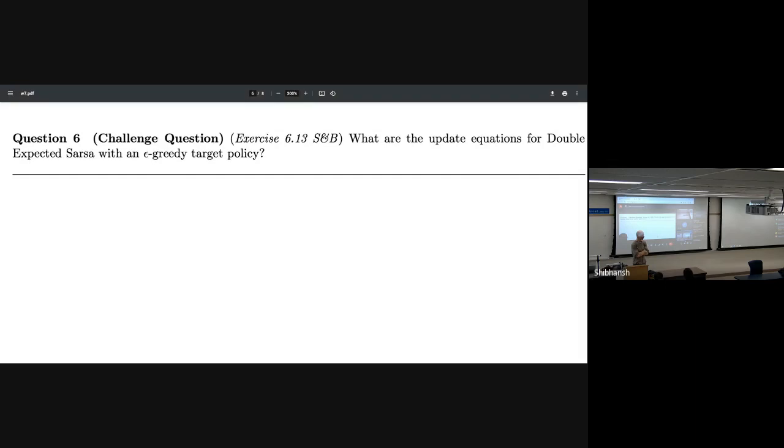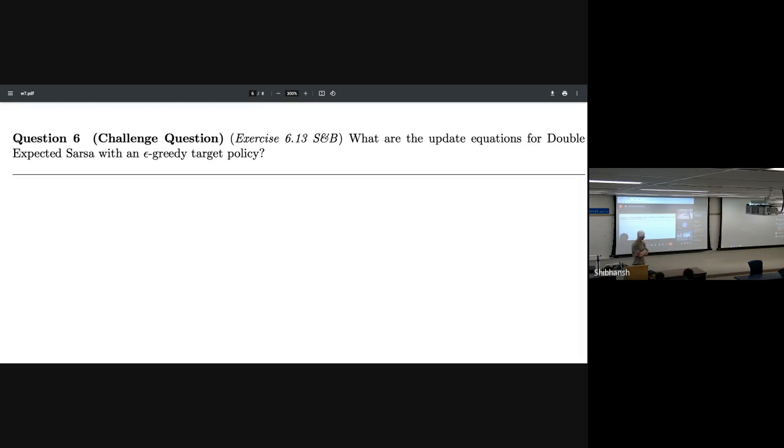Continue our discussion of the seventh worksheet. And we were discussing this question of what are the update equations for double expected SARSA with an epsilon greedy target policy. And we got to the point where we had the update equations for double Q learning.